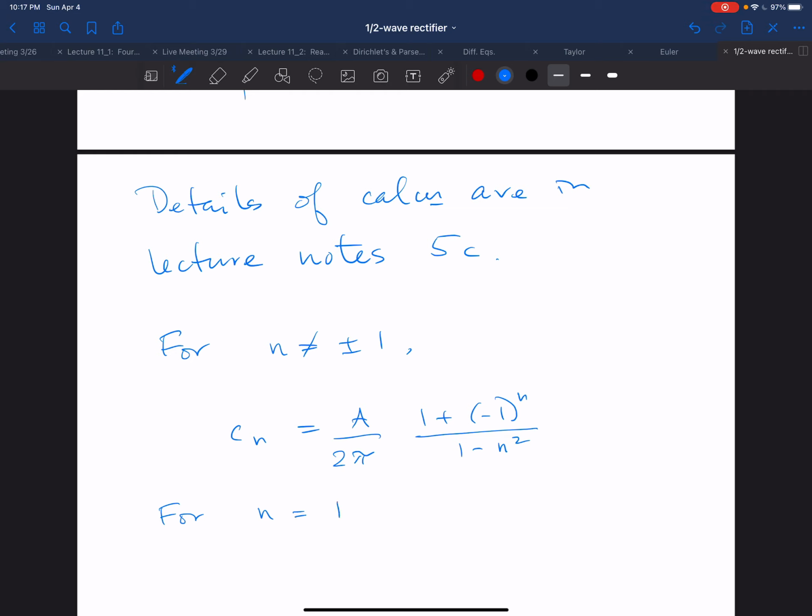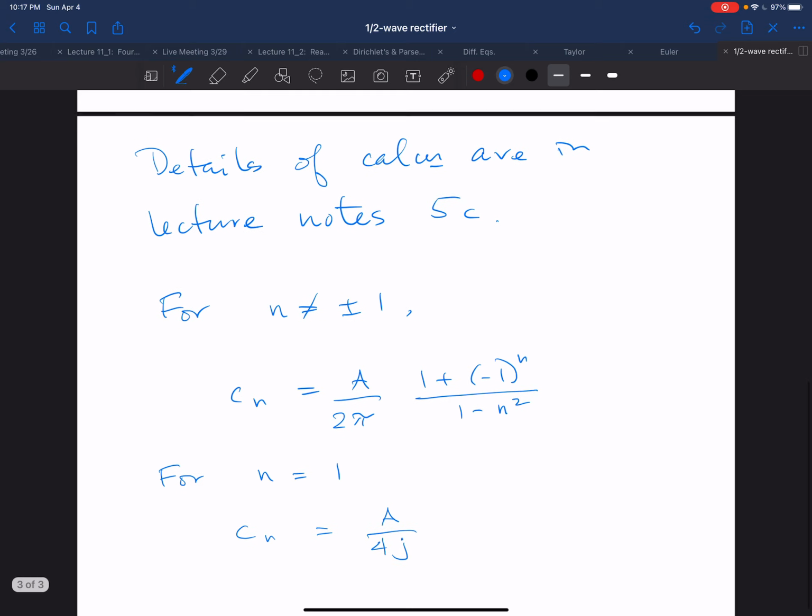When n is equal to 1, you get C sub n equals A over 4j. So this will be, if you like, the coefficient for the fundamental frequency.